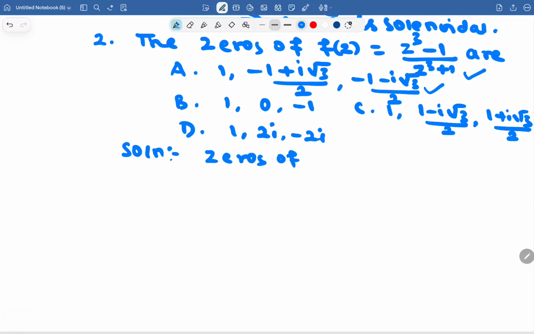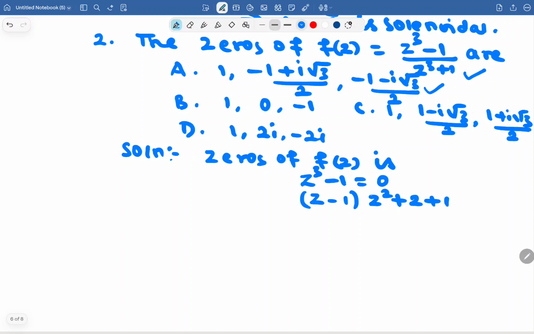Zeros of f of z: equate the numerator to 0. Here the numerator is z cube minus 1 equal to 0. It can be further written as z minus 1 times z square plus z plus 1 equal to 0. Z minus 1 equal to 0 means z equal to 1.